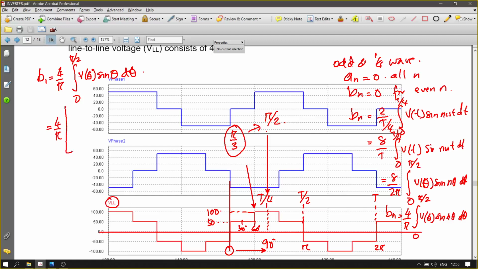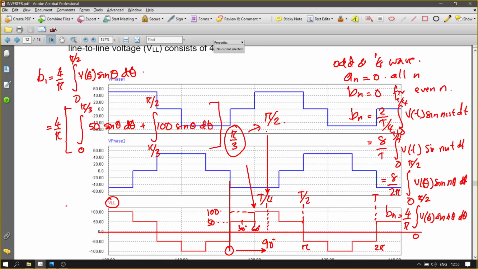I must have two components whereby I will integrate from 0 to 60 degrees, isn't it? 0 to pi over 3, and the amplitude is 50 volt, and you have sine theta d theta plus, I'm going to have from pi over 3 to pi over 2, and this is 100 volt sine theta d theta.